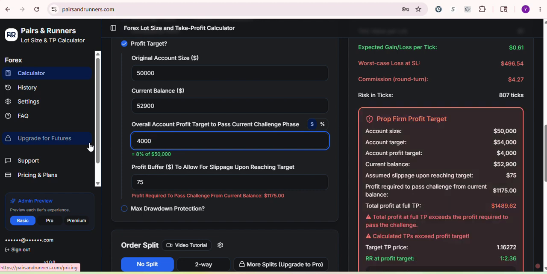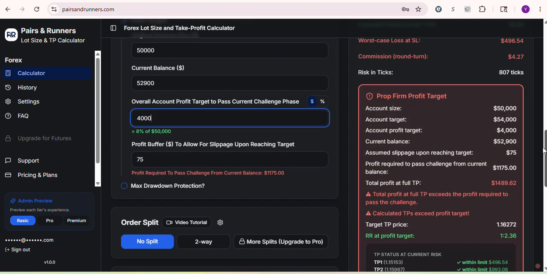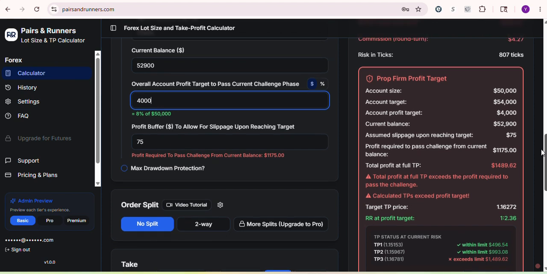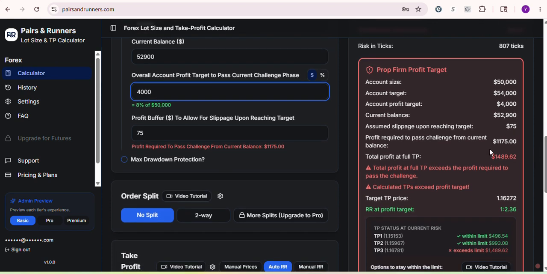So we're currently in violation of the prop firm target because with a $75 buffer, the maximum we can earn is 1,175, or the maximum that we really need to hit is 1,175, and it's telling me that our total full TP is going to be 1489.62.